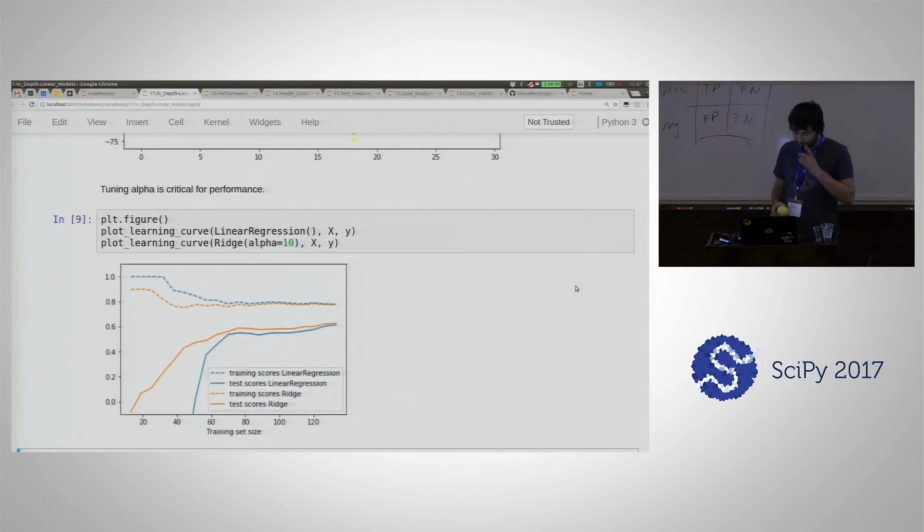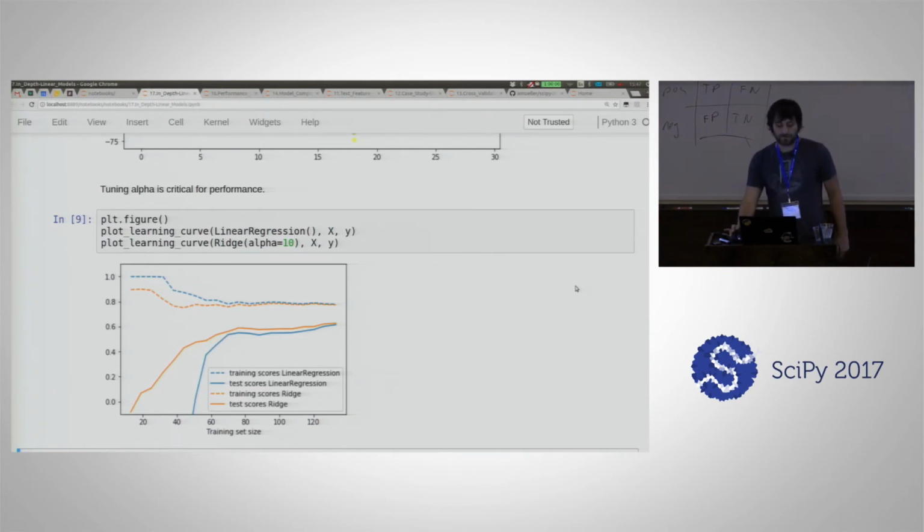And so again, looking at training set sizes, here I compare ridge with alpha equal to 10, which was the optimum for, I think, the 60 training set samples we had. And I compare it with linear regression at varying training set sizes.